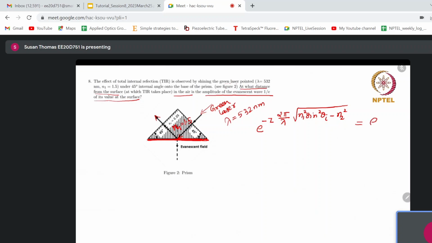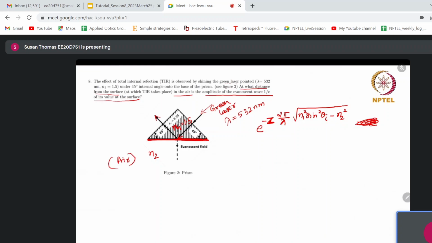This is the expression of the exponentially decaying evanescent field. Here Z is the distance, 2 pi by lambda, lambda is the wavelength, n1, here you remember n1 is the glass and n2 is air.